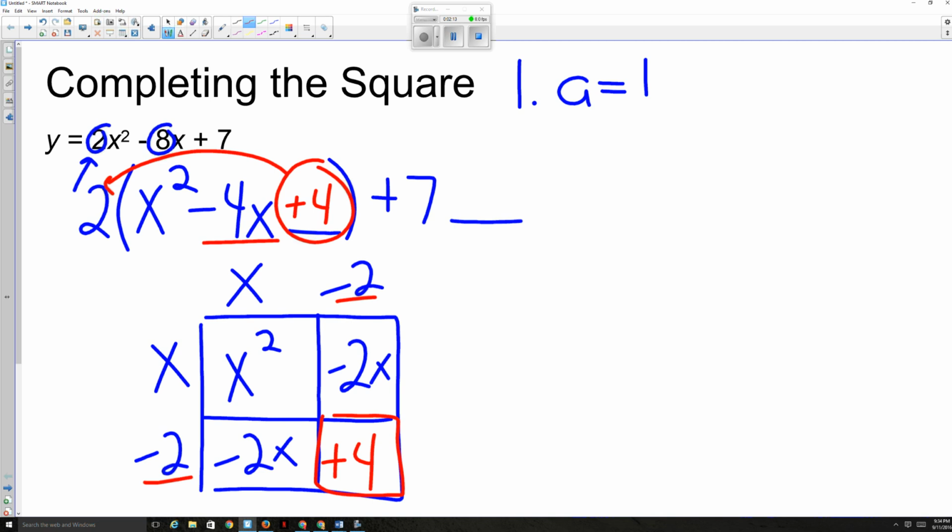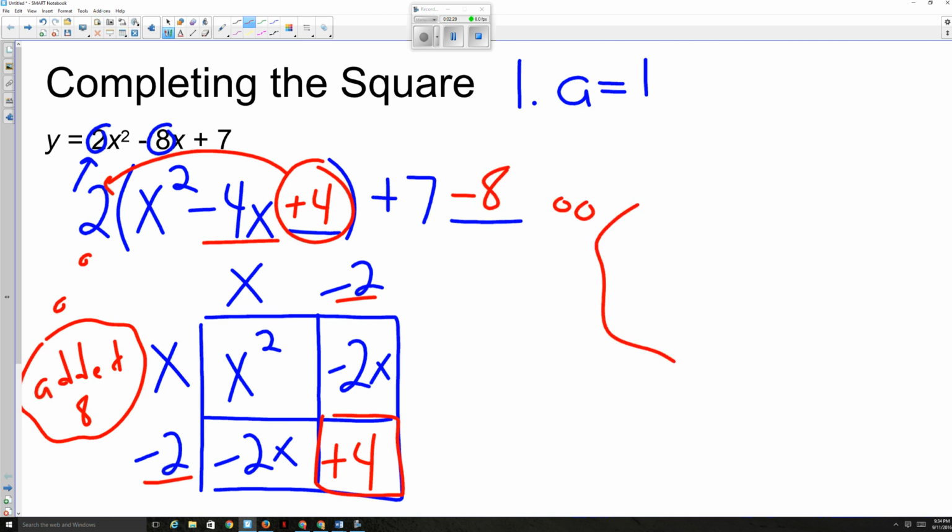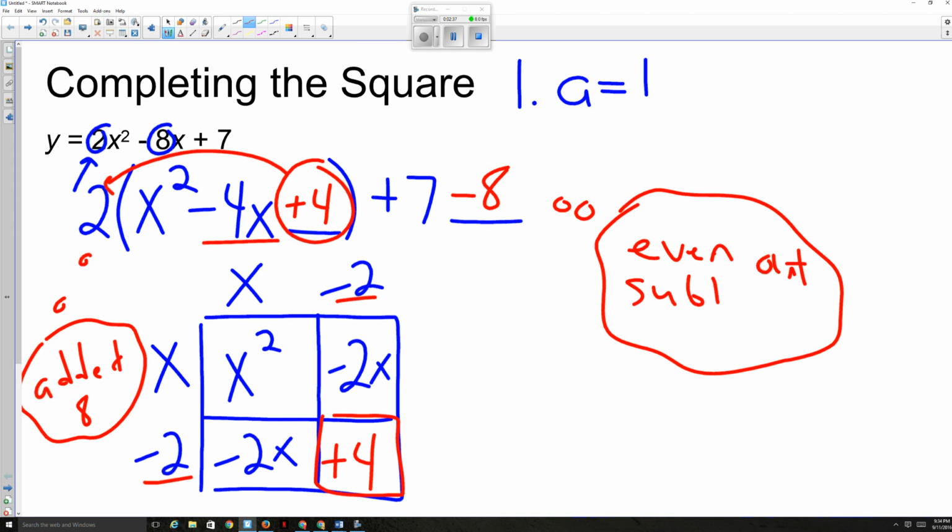So I added 8. But if I add 8, in order to even out, I have to subtract 8. So in order to even that out, I have to subtract 8.